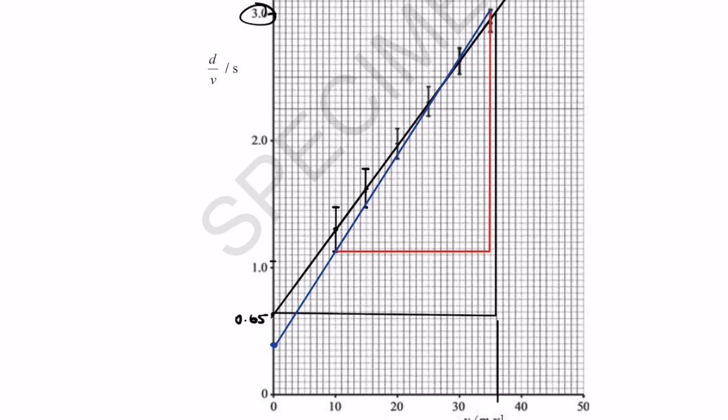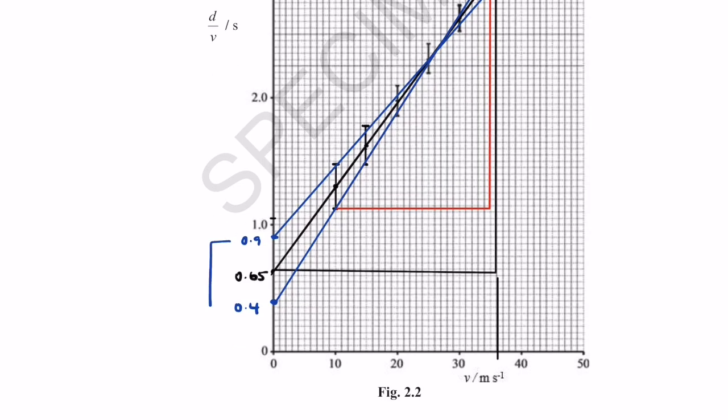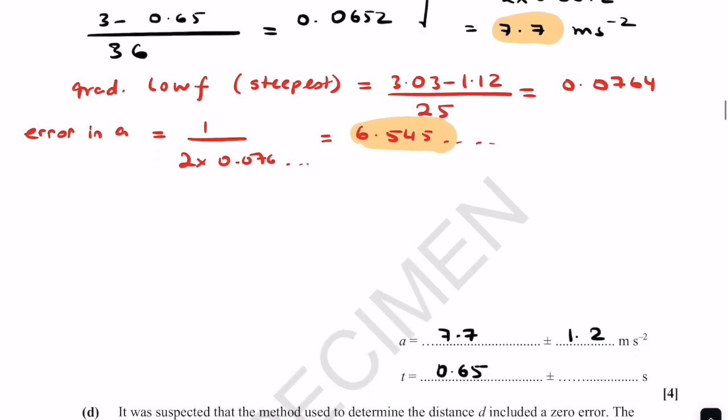And then the shallowest line, which is going to be, okay, that will do. So right there, that is 0.9, 0.4. So that's your upper and lower limits in the y-intercept.